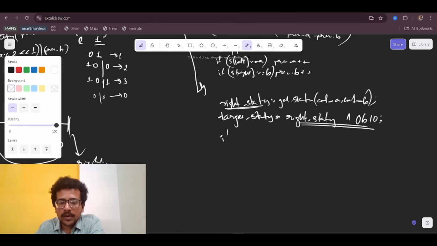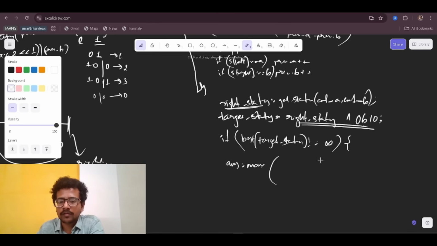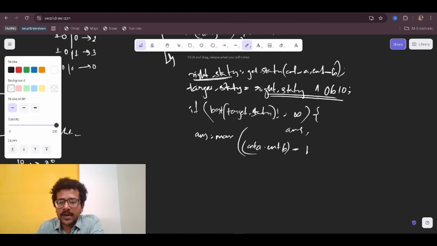Now only if best of target status is not equal to int max, that means infinity in integer range, then only I would consider answer is equal to max of answer comma count A minus count B. As I said, count A minus count B minus best of target status.